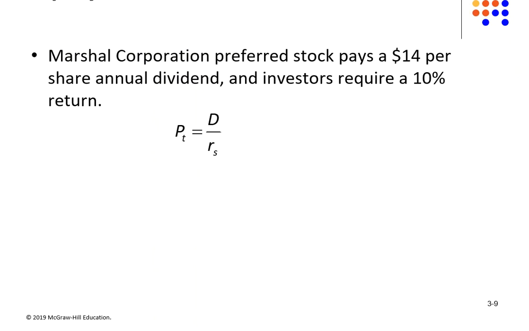If the Marshall Corporation preferred stock pays a $14 per share annual dividend and investors require a 10% return, then we use our simple perpetuity valuation model and find the value of the preferred stock at $140 per share, which is the $14 annual dividend divided by the required rate of return.